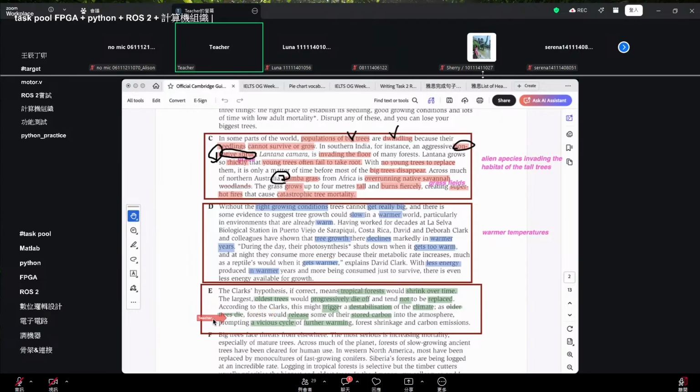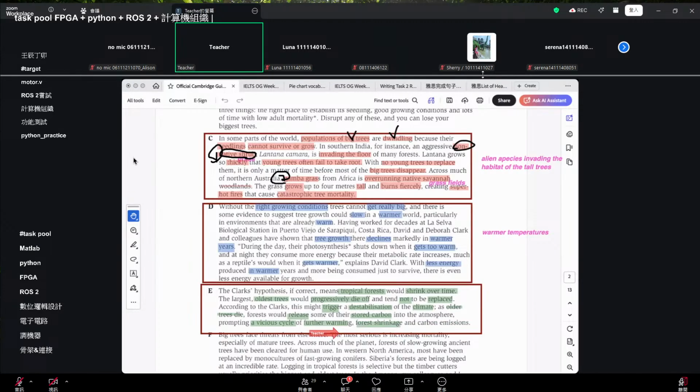So if those older trees die, they will release carbon into the atmosphere. So it's like a global warming situation. And when the globe is getting warmer, trees slow down in their growth. So forest shrinkage and carbon emissions. All right, good. So forest shrinkage.